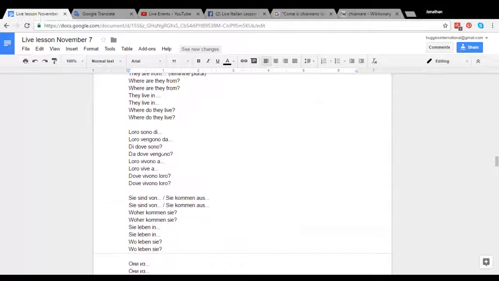So they come from Milan, or they are from Venice. Di dove sono? Da dove vengono? Loro vivono a. Dove vivono loro? This is repeated because there was a difference in the masculine singular and feminine singular form, but in the plural we could just simplify this to say dove vivono loro.